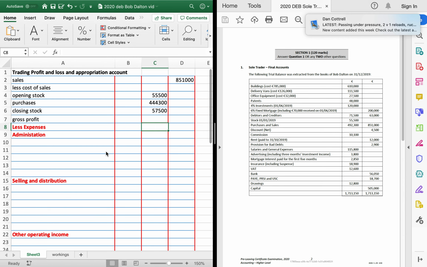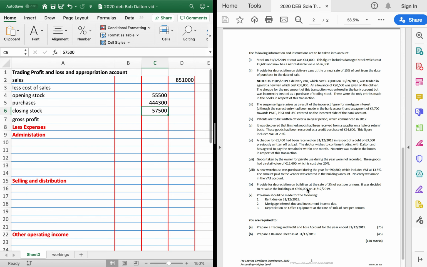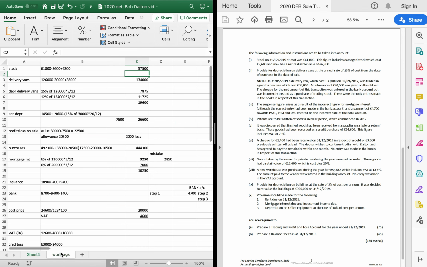There's a chance. So I just want to go back to one working and see if I put in the, okay, I should have also, this goods on a sale or return basis, I even mentioned it during the question. You take it from stock, purchases and creditors.